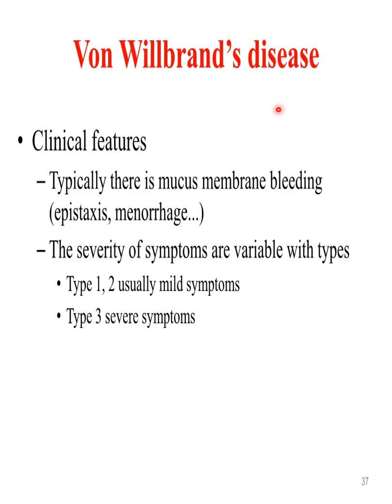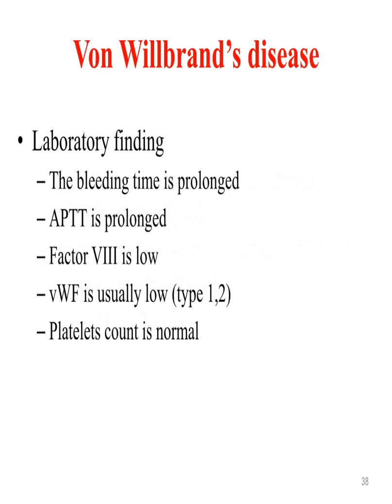The clinical hallmark of von Willebrand disease is that this is typically a mucous membrane bleed, in which you have nasal bleeding, and in girls the menstrual period tends to have heavy bleeding, and the severity depends on the type of von Willebrand disease. What are the laboratory findings in von Willebrand disease?